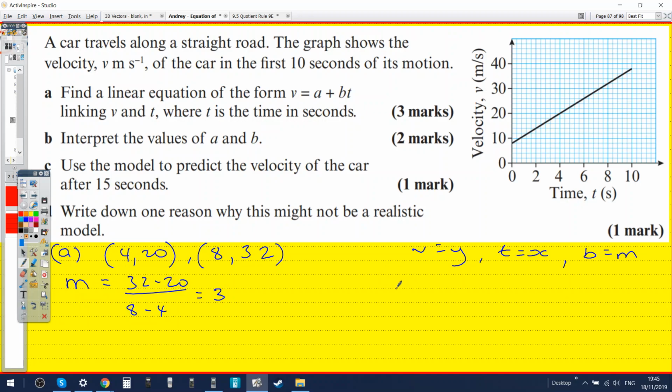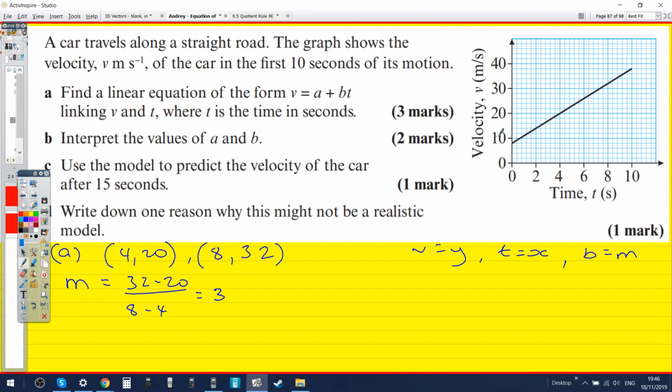So, I need to do 20 equals to... so b is then going to be the gradient which we've just got. So 20 is equals to 3 times 4 plus a, and then 20 equals 12 plus a. So is a equals to 8?